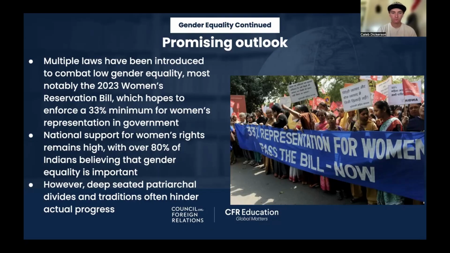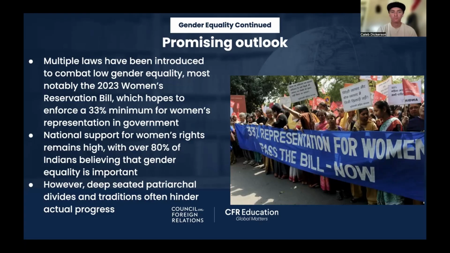But as you might notice, it says the 2023 Women's Reservation Bill, and as you know, it's 2026 currently, which addresses another big problem: even though there is significant political support for increasing gender equality and women's rights, its effect is very debatable, as a lot of these laws, such as the Women's Reservation Bill, often remain in deadlock without any practical effect in Indian society.